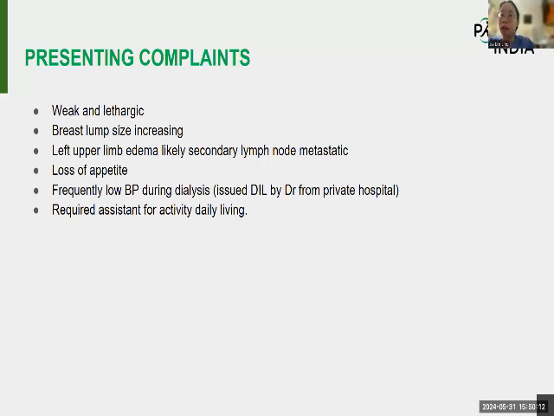When the patient was admitted to our ward, the presenting complaints were that the patient is weak and lethargic, the breast lump size is increasing, and she has left upper limb edema likely secondary to lymph node metastasis. The patient has loss of appetite, frequently low BP during dialysis, and because the patient is from a private hospital, the doctors already issued DNR for the patient, and the patient requires assistance for activities of daily living.